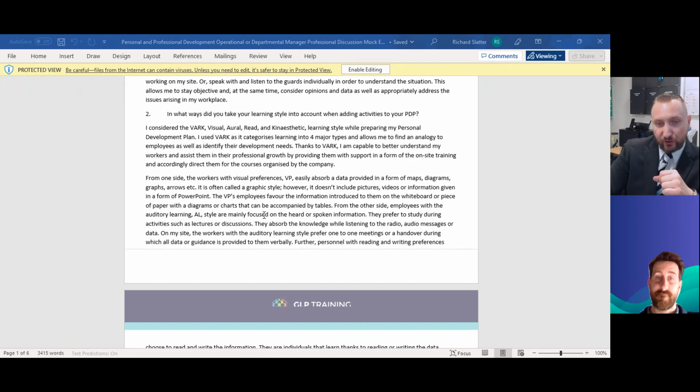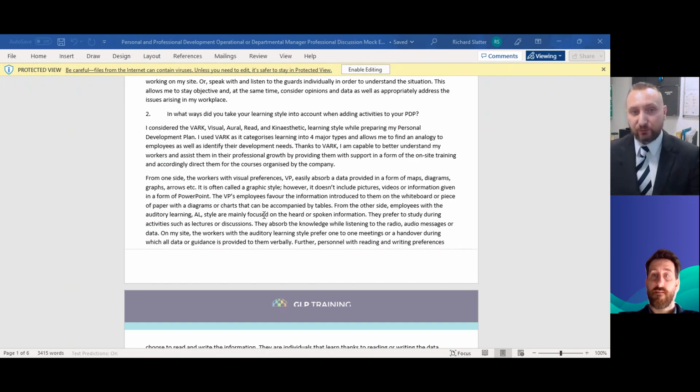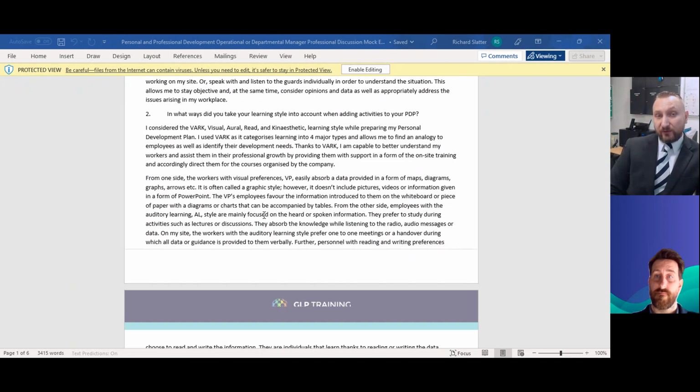They absorb the knowledge while listening to the radio, audio messages, or data. On my side, the workers with auditory learning style prefer one-to-one meetings or handover, during which all data or guidance is given to them in a verbal form.